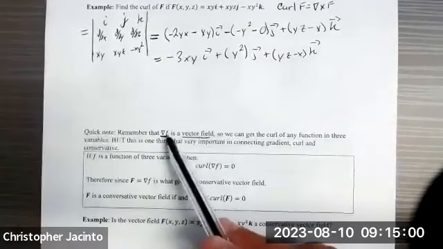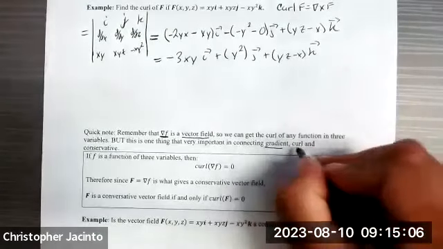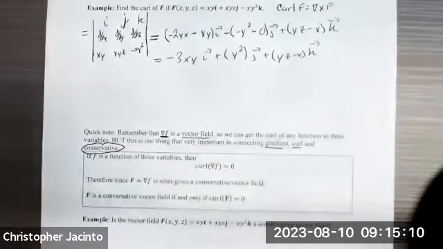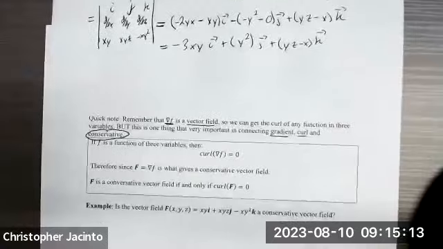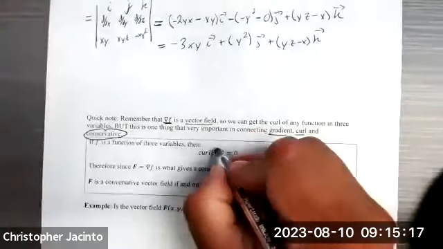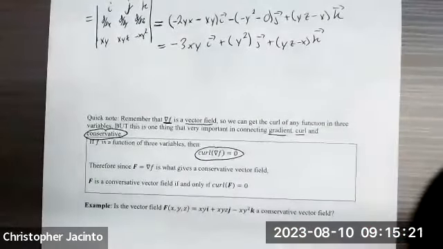So we could find the curl of the gradient of f. Now, this is actually very important because it connects gradient, curl, and conservative, meaning a conservative vector field. So if f is a function in 3 variables, this will be true: the curl of its gradient will equal 0.